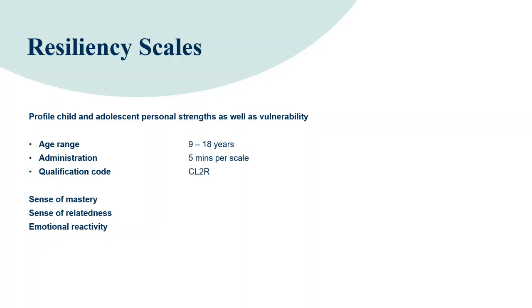And then the final one is emotional reactivity. So this has 20 items, a self-report questionnaire, and there are 3 areas related to this. Sensitivity, this is someone's threshold for reaction and the intensity of the reaction.